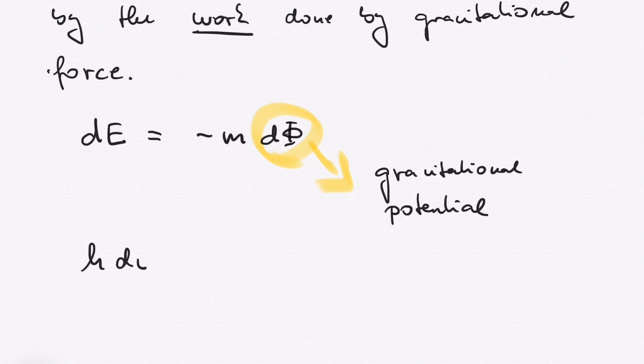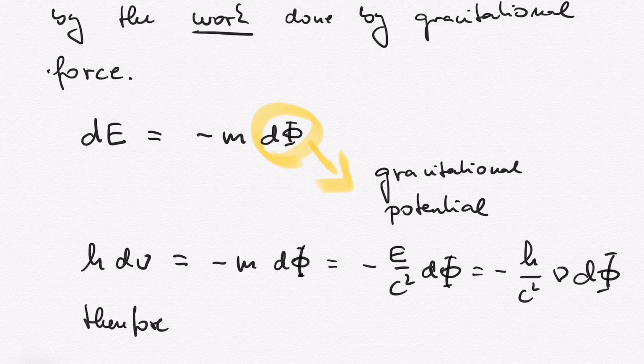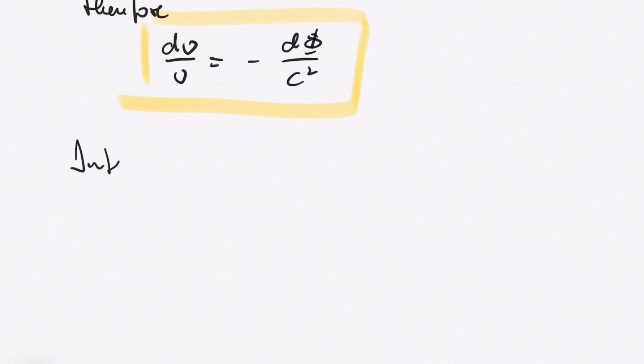Then we put in for dE, h times d nu, which equals the right hand side, and if we work this out, we arrive at h divided by c squared times nu times d phi. So from this we can derive that d nu divided by nu equals d phi divided by c squared with a minus sign.